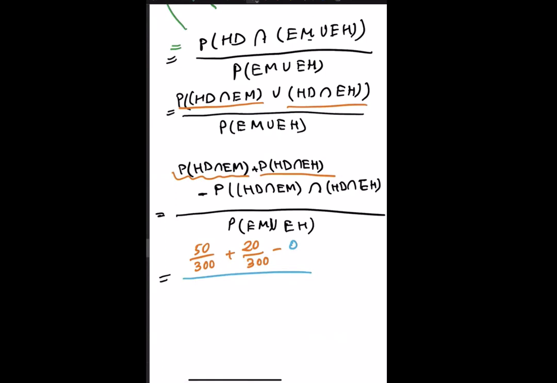Divided by the denominator, which is the probability of earthquake moderate or earthquake high. That's another addition rule. We can easily calculate that. Probability that the earthquake is moderate or earthquake is high.